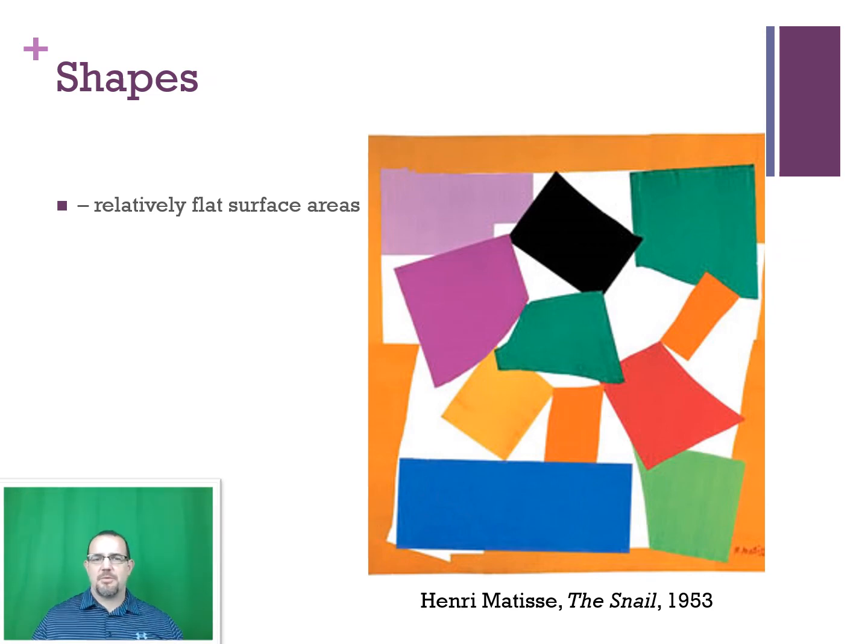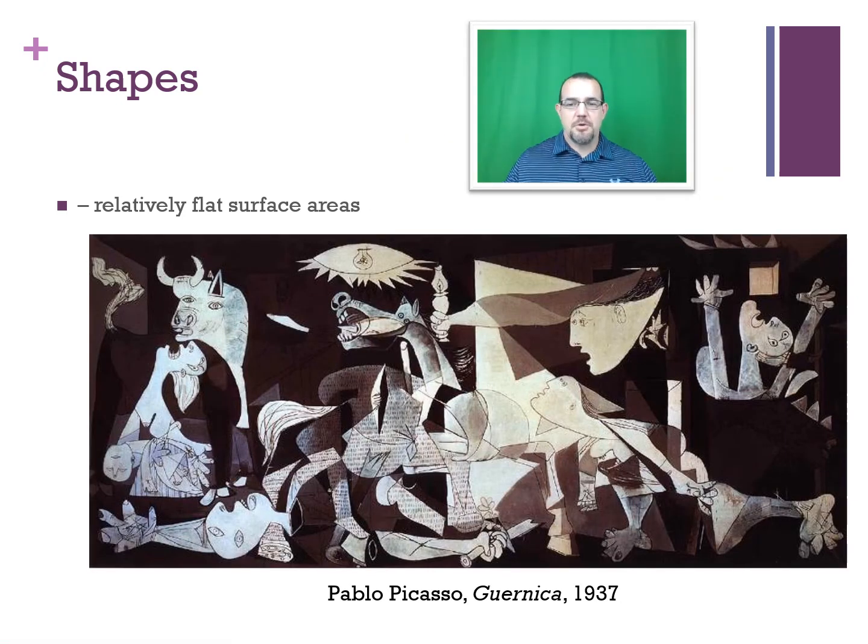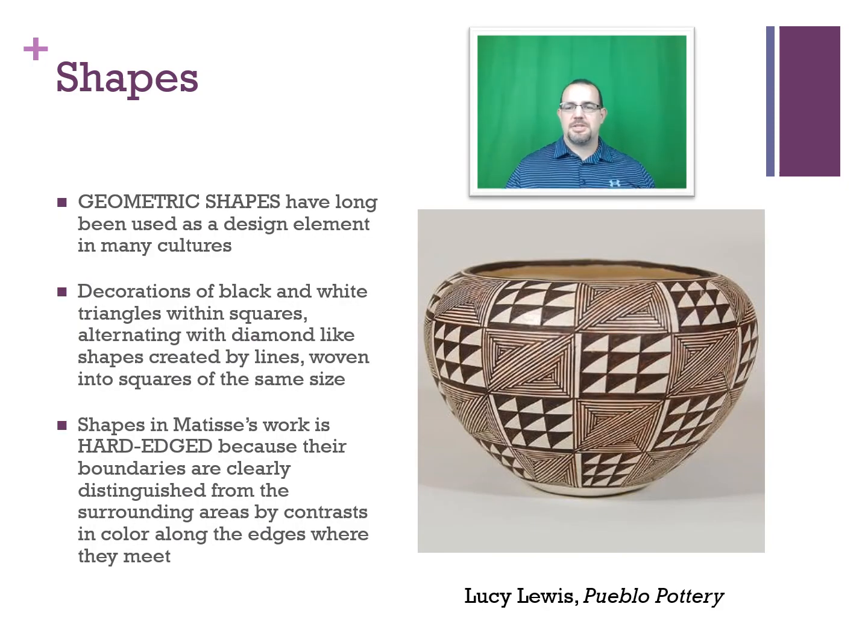Shapes are a relatively flat surface area. Here's a very moving painting by Picasso called Guernica, and it's completely painted using flat shapes. I want you to understand the two main types of shapes, geometric and organic.